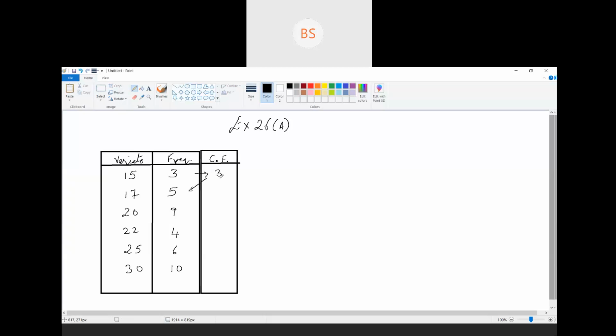So 3 plus 5, 8. Then 8 plus 9, 17. 17 plus 4, 21. 21 plus 6, 27. And then 27 plus 10, that is 37. Did you all understand it till here? Yes.